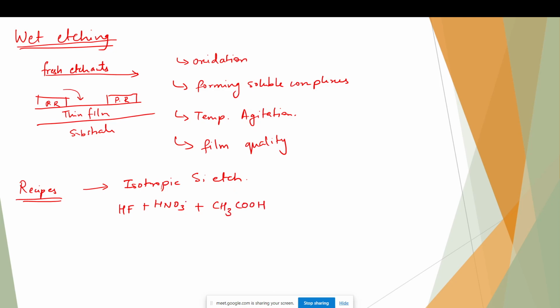So, this recipe is called HNA: H for hydrofluoric acid, N for nitric acid, A for acetic acid. HNA is an isotropic silicon etch recipe.